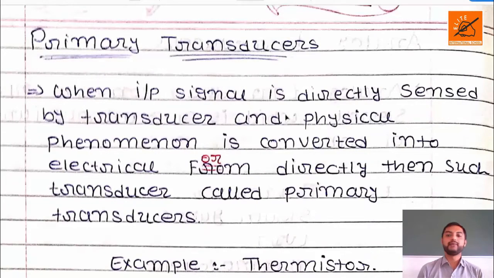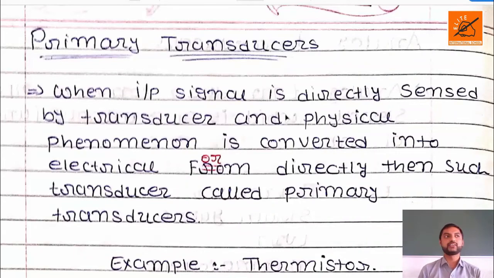Next, primary transducers. When input signal is directly sensed by transducer and physical phenomenon is converted into electrical signal directly, then such transducers are called primary transducers.